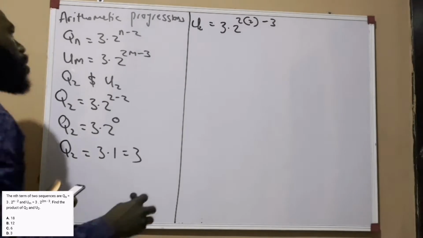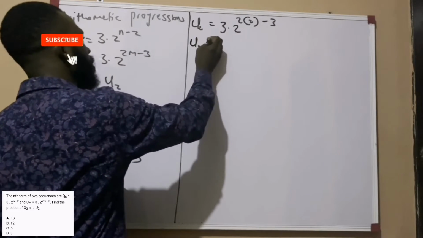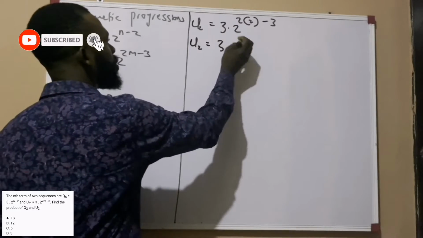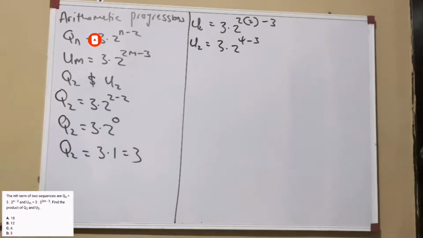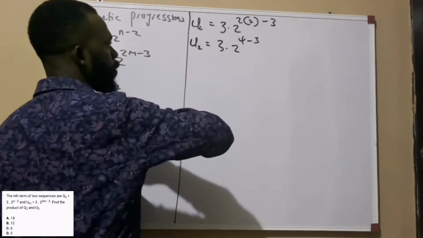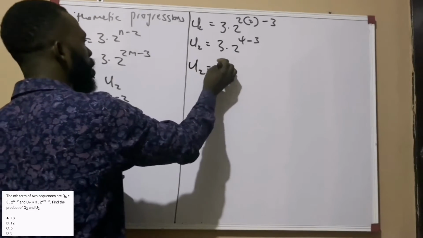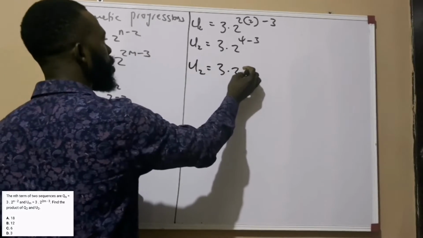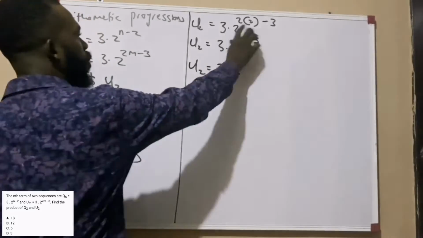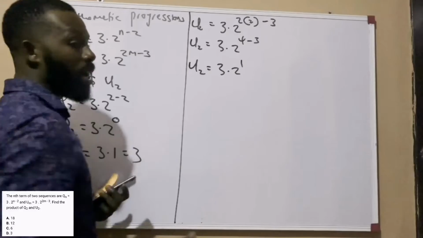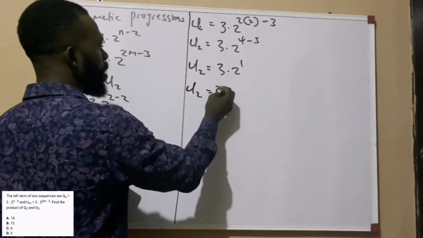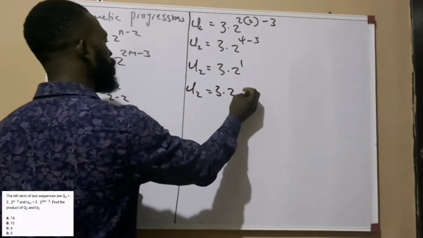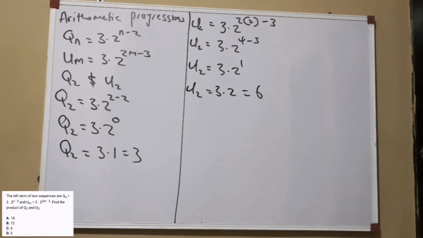Okay, now here U2 is equal to 3 times 2 raised to the power of 4 minus 3, because 2 times 2 gives us 4. So U2 becomes 3 times 2 raised to the power of 1, because 4 minus 3 is 1, and 2 raised to the power of 1 gives us 2. So U2 is equal to 3 times 2, which is 6.